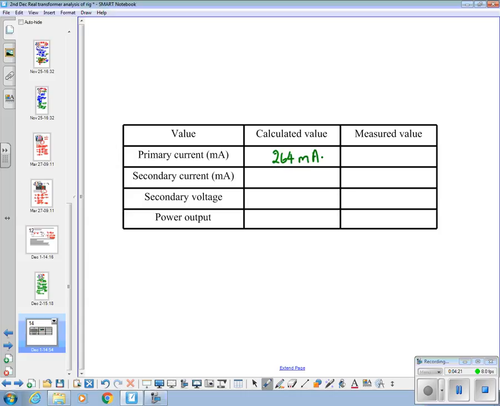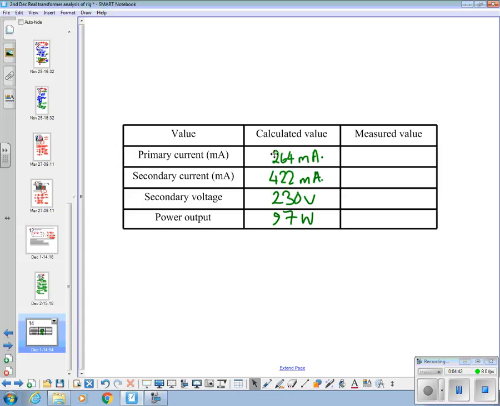The secondary voltage 230, wasn't it? Yeah. And the power output was 97 watts, wasn't it?